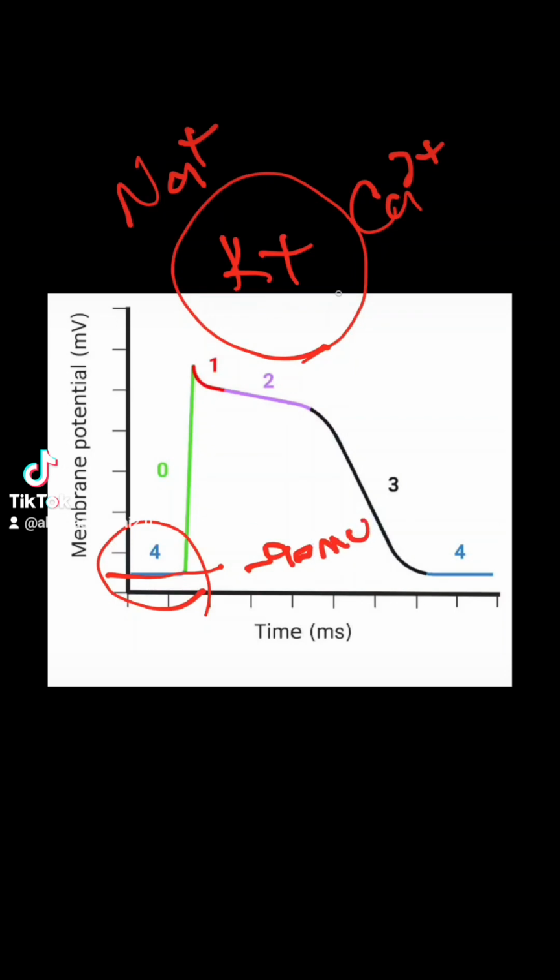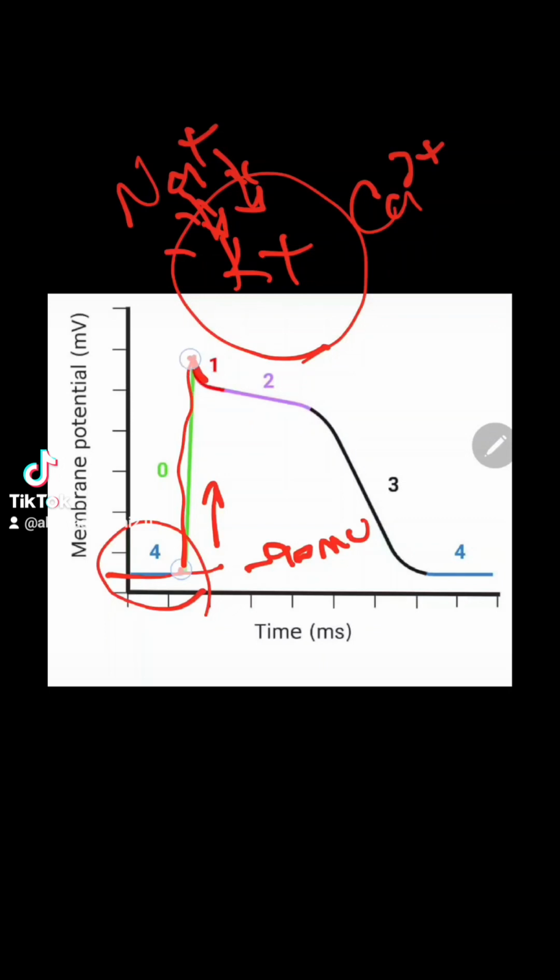Now, anything that can cause the inside of the cell to suddenly become more positive is going to cause cardiac cell depolarization. In normal circumstances, the way this occurs is that sodium channels open and sodium pours inside of the cell. And this causes the inside of the cell to become more positive, and we call that cardiac cell depolarization.